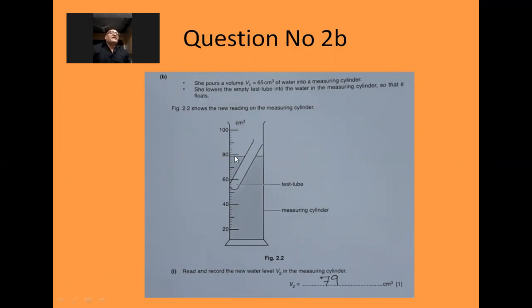If you pay attention, this is 60, this is 70, and this is 80, so 72, 74, 76, 78. The reading is between 78 and 80. The reading is 79 centimeter cube.